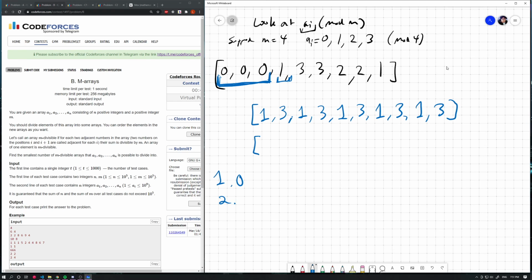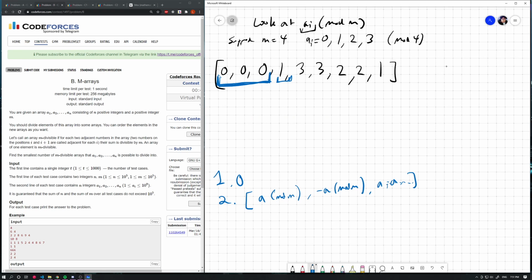There's a second case where you basically need to go a mod m, minus a mod m, and so on, just repeating. And that's the best we can do.